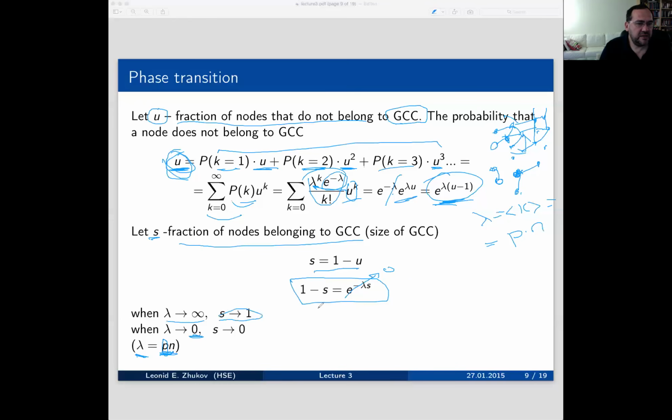Let's look at this guy. What's going to be happening then? Well, if lambda goes to 0, this becomes 1. And the only solution here is S equal to 0. So, I mean, the equation makes sense. The only question is how to solve this. What do you guys think? How can we solve this equation?